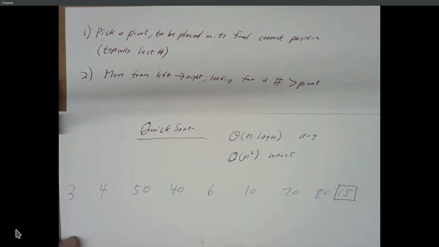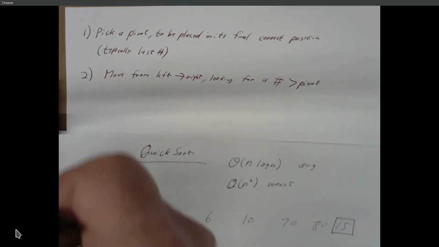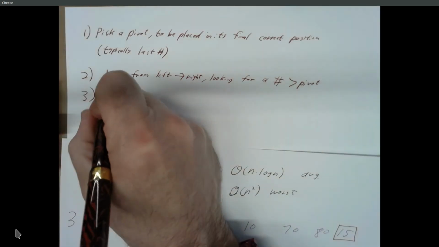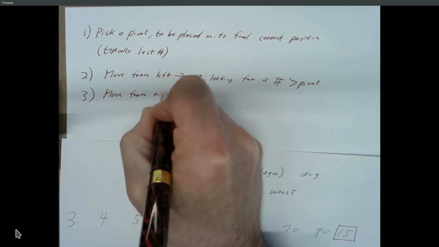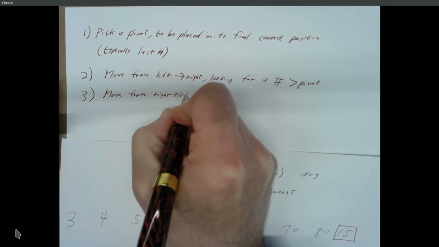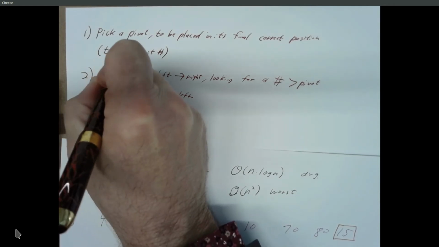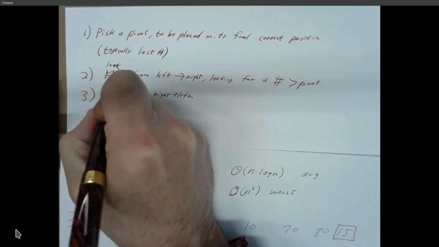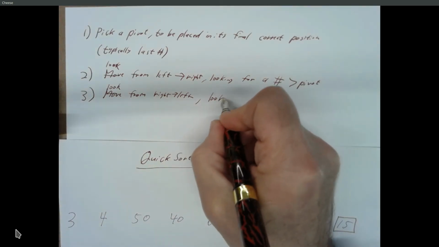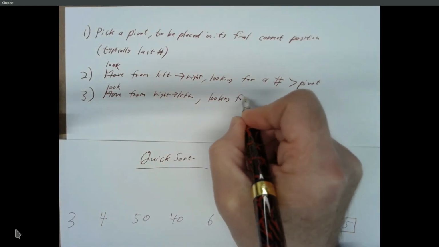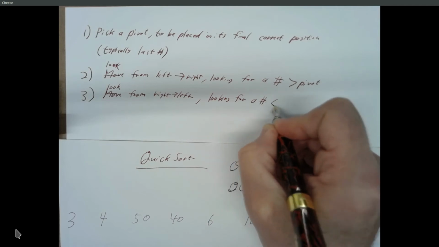So we want to find the first number from the left that's bigger than the pivot, and then we're going to move from the right. I should say look instead of move, because we're not moving anything here. So look from the right to the left, looking for a number less than the pivot.